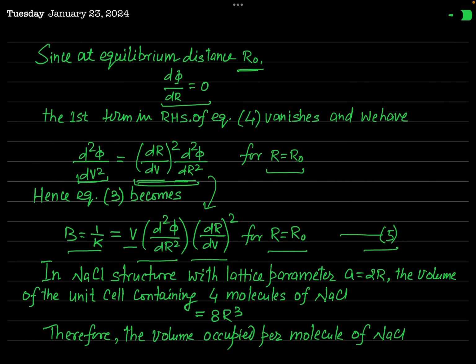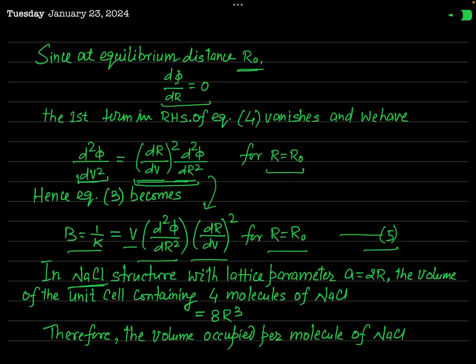Now we are going to apply this result specifically for ionic crystals. You know, NaCl is a very good, very important example of an ionic crystal. Okay, so taking the example of NaCl, our further calculation will be made.